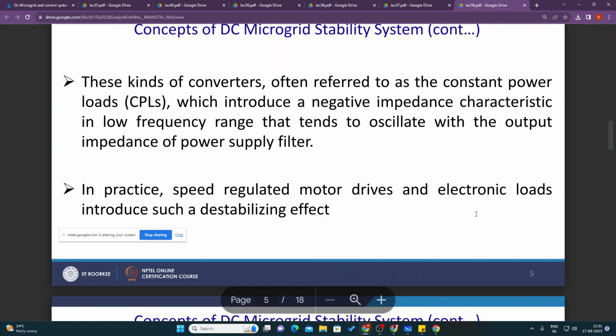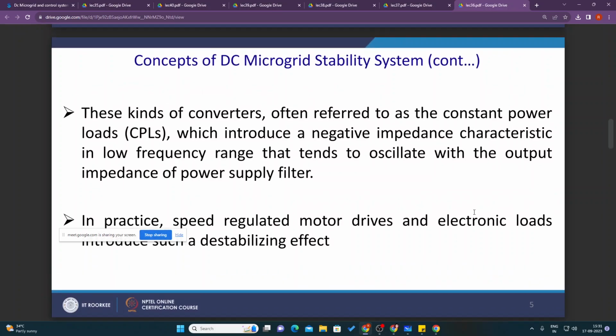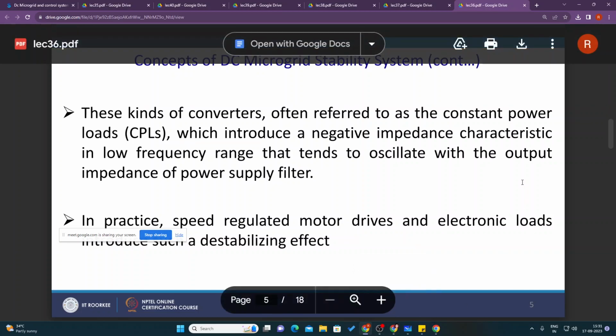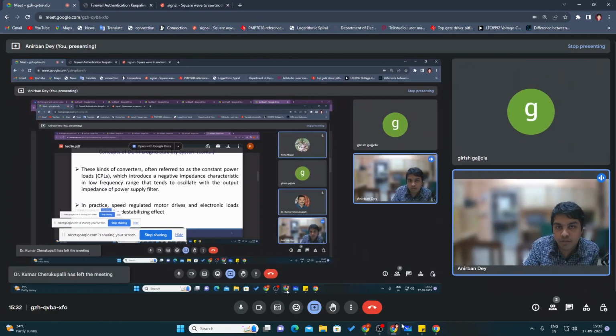Regarding the CPL loads only, what are the CPL loads, sir? Constant power loads. Like an electric furnace is a CPL load. No, sir.